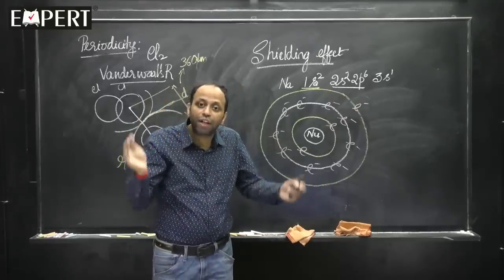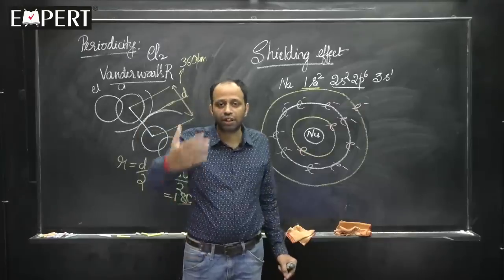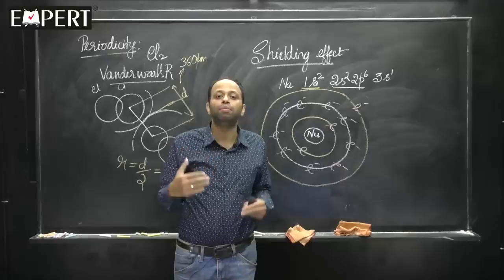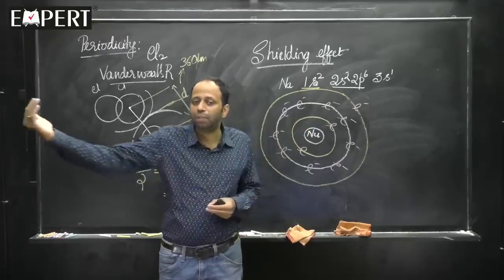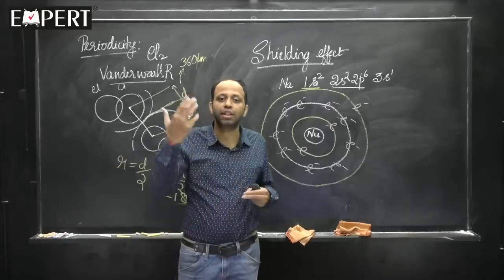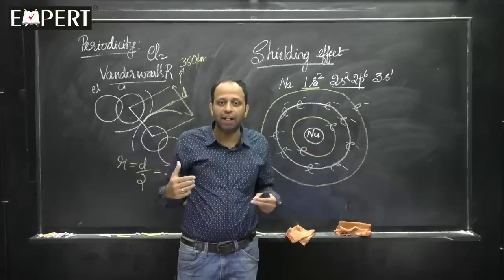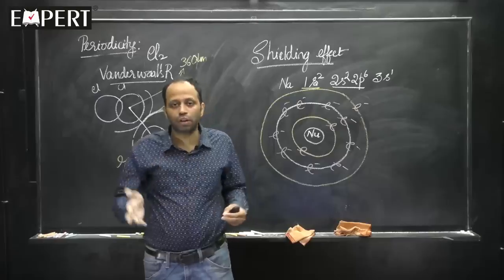Shielding means what? Covering it. Okay? Think about it like this. You are sitting in the class, your teacher is in front of you. If the teacher is seeing you, you will not be able to do any mischief. But what if there is a screen in between us, that is, teacher and student? Even though I am behind the screen and I tell you, students, do not do any mischief, you will be able to do whatever you want. Why?